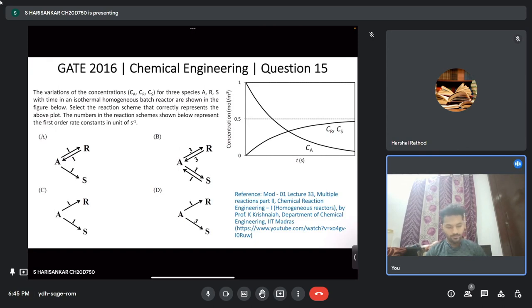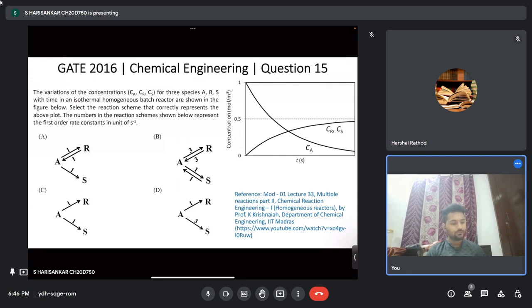The variations of concentrations Ca, Cr, Cs for three species A, R, S with time in an isothermal homogeneous batch reactor are shown in the figure below. Select the reaction scheme that correctly represents the above plot. The numbers in the reaction schemes shown below represent the first order rate constants in the unit of second inverse.